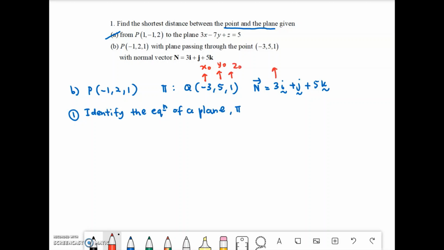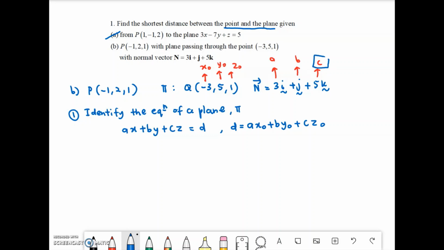And this normal vector is defined as our A, B, and C. So now we know that the equation of a plane is given by this formula, where Ax plus By plus Cz equals D, where D is equal to Ax node plus By node plus Cz node. So in order to get the equation of the plane, what we need to do is just substitute all these values of A, B, C, and x node, y node, and z node into the equation.